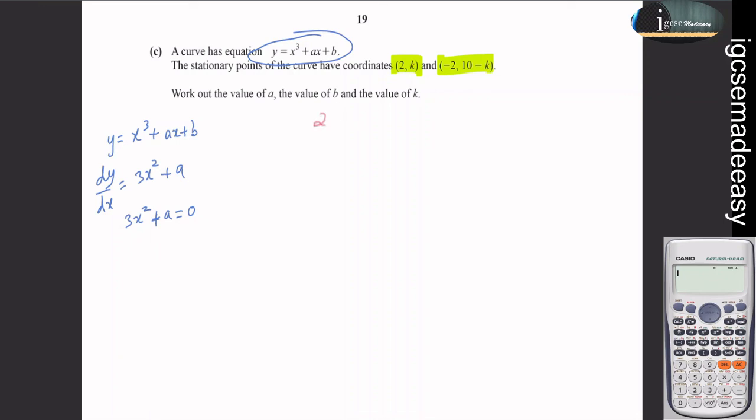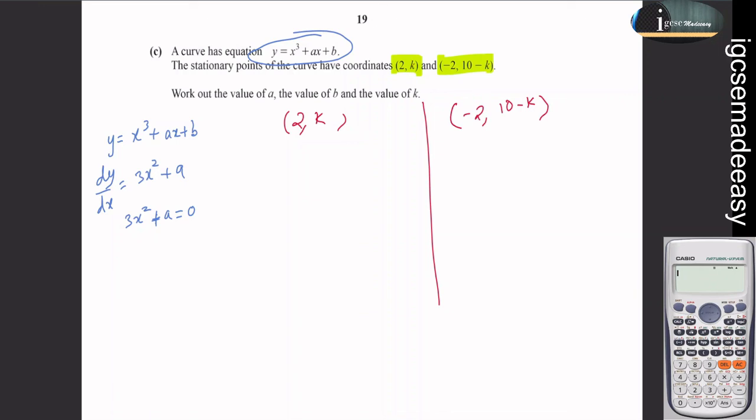One is the coordinate 2 comma k, and the other coordinate is minus 2 comma 10 minus k, right?